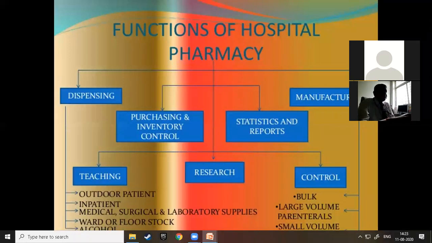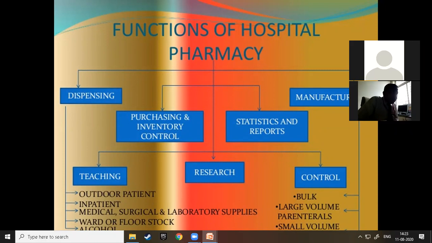This is the function of hospital pharmacy. This chart here, if you have pen and paper, just write down this chart. If you remember this chart, then you can answer hospital pharmacy related questions completely.